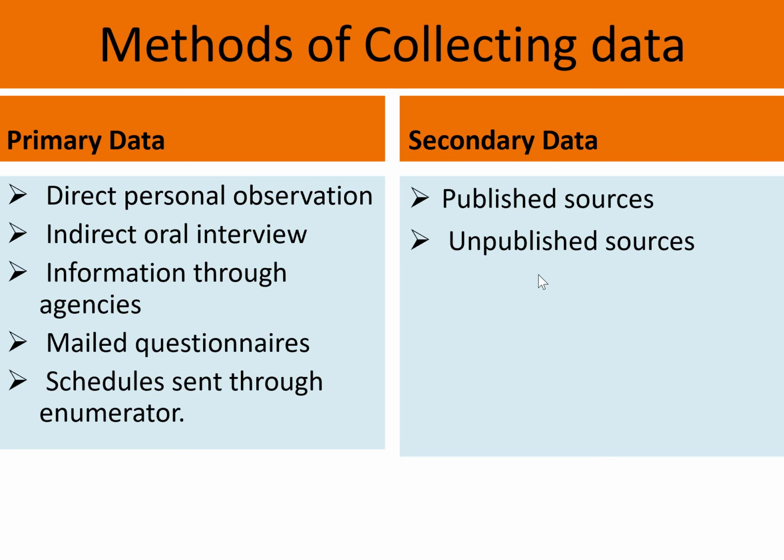Next are official publications, through the central government and state governments. We also have journals, newspapers, periodicals, and some websites; nowadays we have social media websites. They all come under published. Unpublished data is the data held by government bodies like government officers, municipal officers, some research organizations, and research institutes.